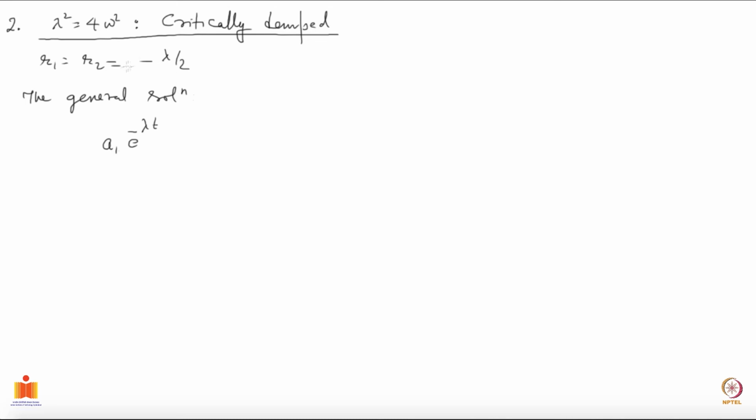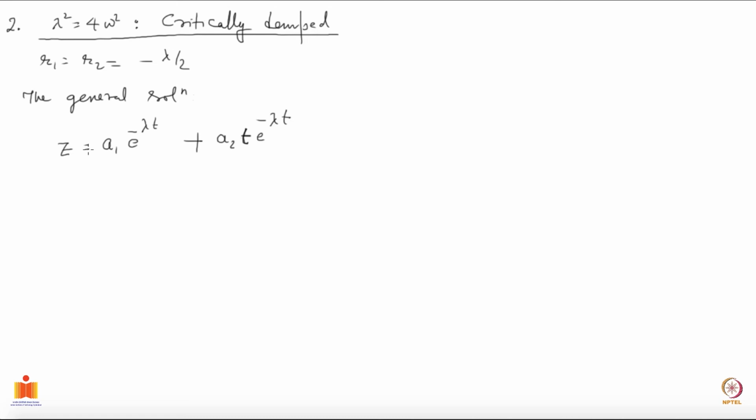Because the roots R1 and R2 are degenerate here, they are repeated, you know that the second solution will be t times e to the minus lambda t. You get a factor of t here, as you know from your study of differential equations. And of course I should include another constant and add them up to get the solution for my entire system.